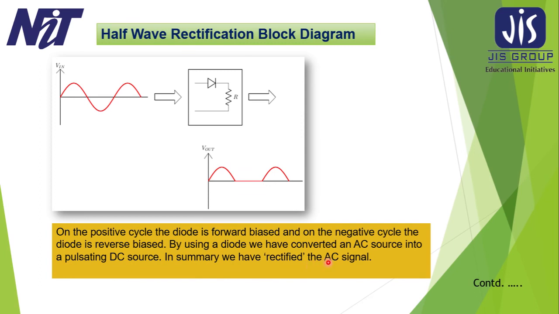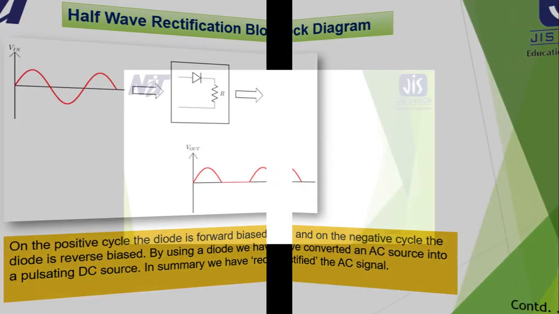In summary, this is called rectified DC signal, because it is not pure DC; it doesn't have the negative part, but in this positive half you can assume it is still an AC signal. This phenomenon is called rippled DC. Later we will know more.